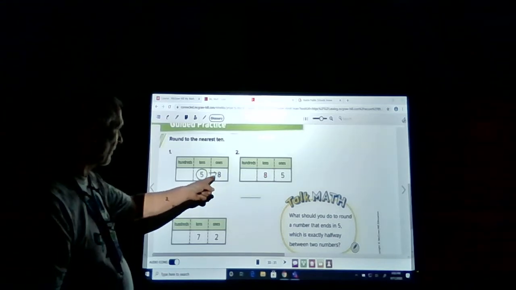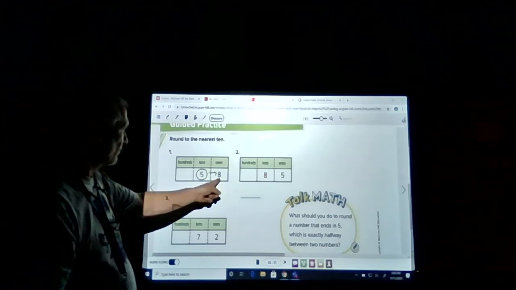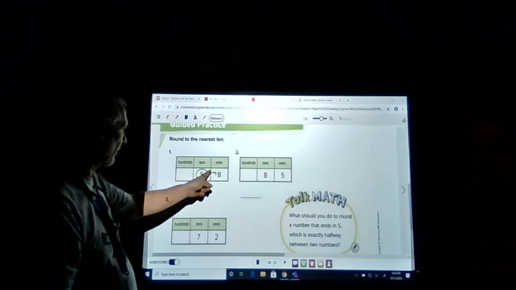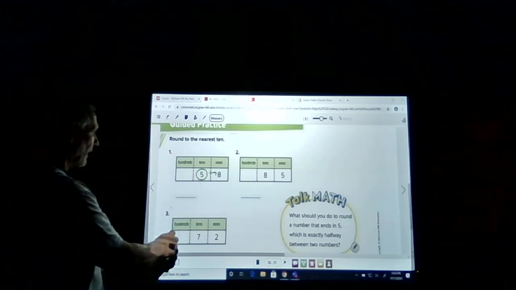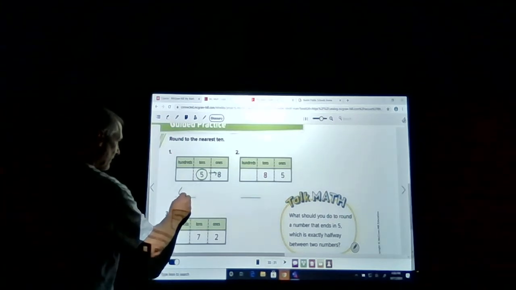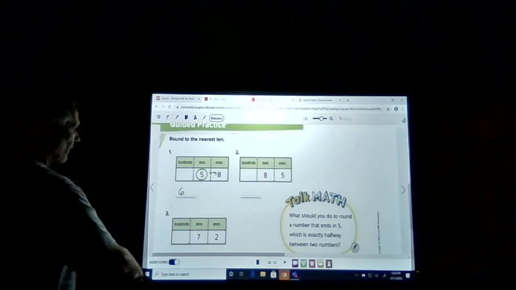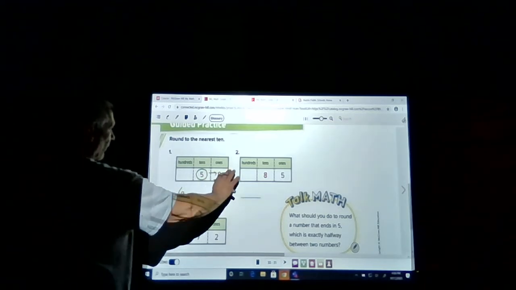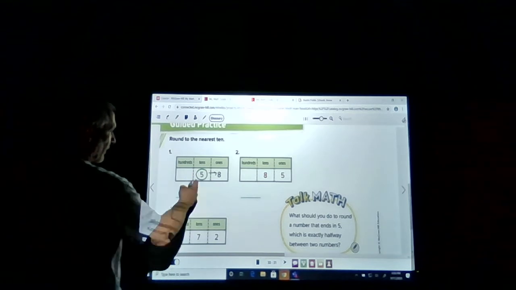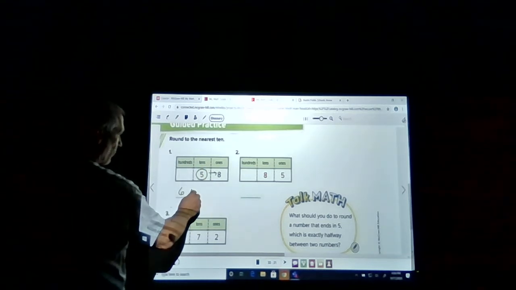Then that would stay the same, but it's not less than 5. So what happens? It's going to go up 1. So the 5 becomes a 6. And what's step 4? Then you replace the last digit, or however many digits there were past the tens, with a 0.